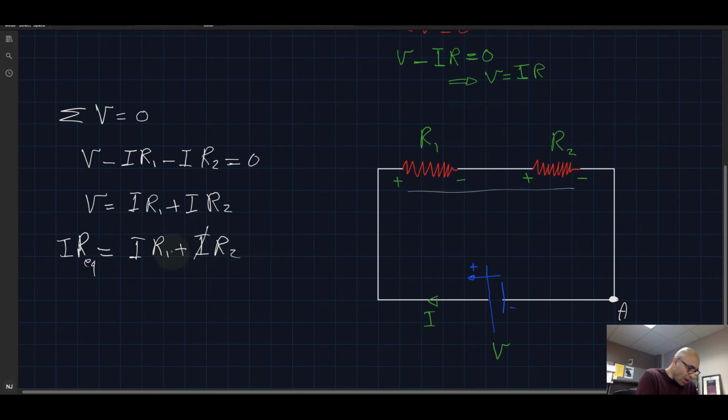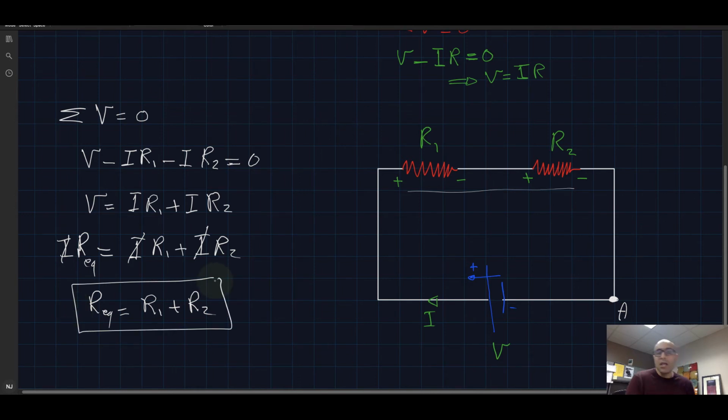Divide by I, and I goes away. Then R equivalent is equal to R1 plus R2. So basically, this equation tells us that if you connect two resistors in series, the total resistance is added algebraically. So R1 plus R2.